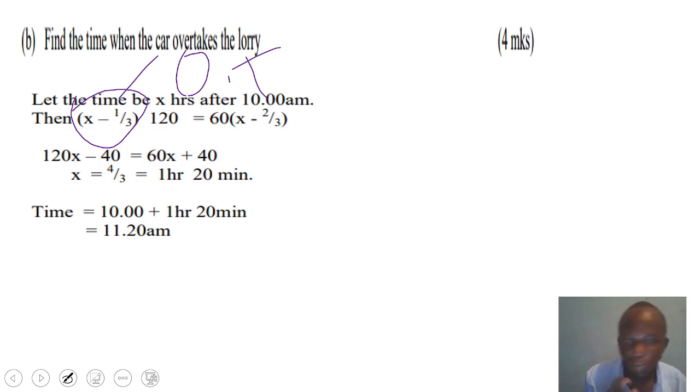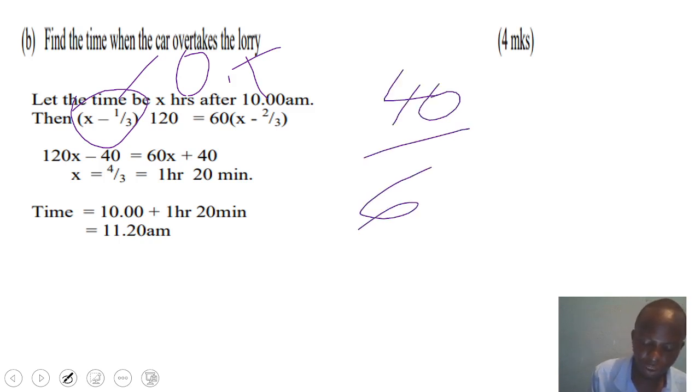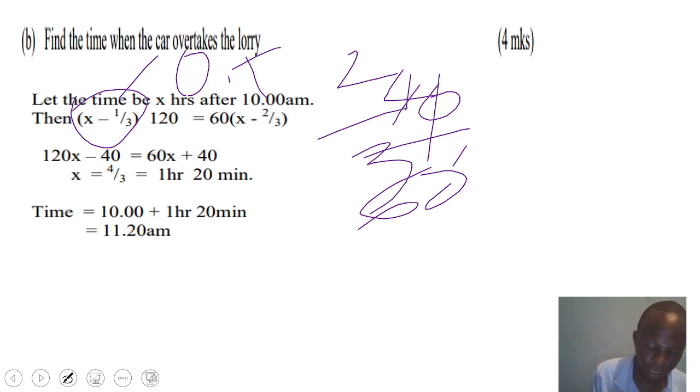Now, remember that when the car is delayed, the lorry is gaining some mileage, so it is going to take 40 minutes more compared to the car. So x minus 40 over 60, you get 2 over 3, and that is where this 2 over 3 is coming from.